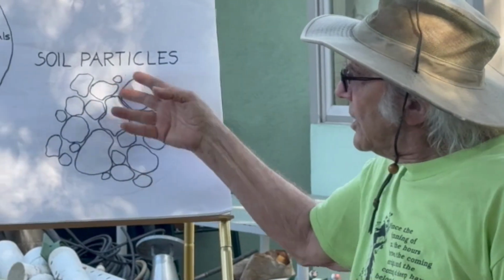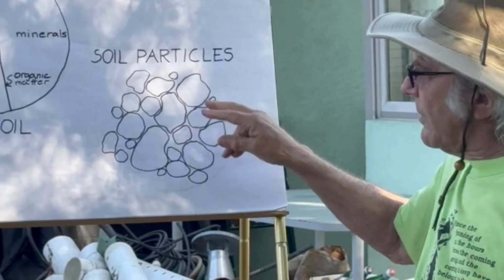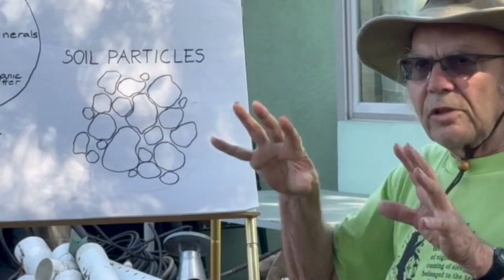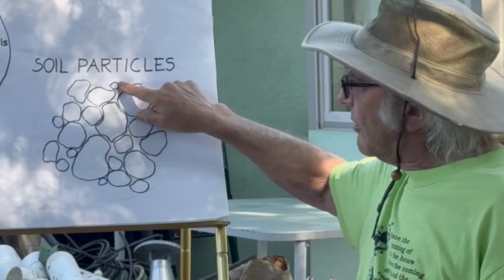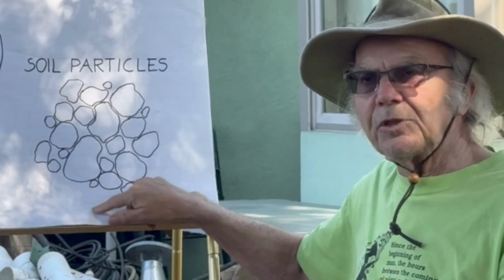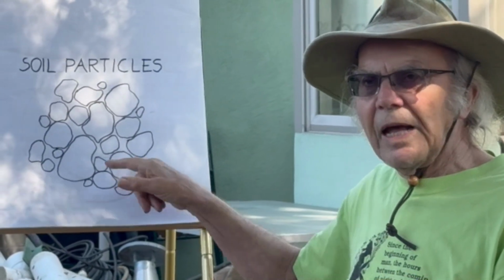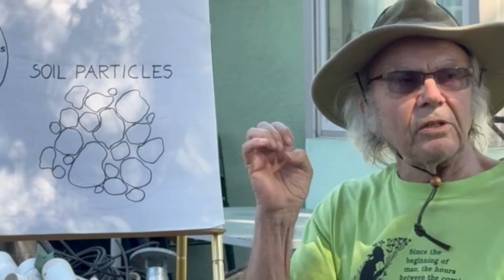That's huge, yes. And so an ideal soil will have a lot of those particles, but it will have a lot of voids in between, spaces in between. And those can fill with either water or air.